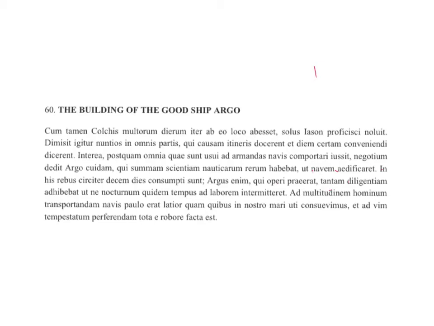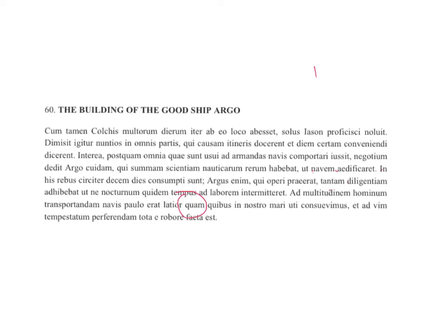Now, the main verb I can see here is erat. So, navis is the subject of it. The ship was, Paulo, a little bit, latior, comparative, nominative, a little bit wider. As soon as I see that comparative, what do we think it's going to be followed by? Well, a quam, than. Now, you might expect the quibus to be nominative, but it's not.